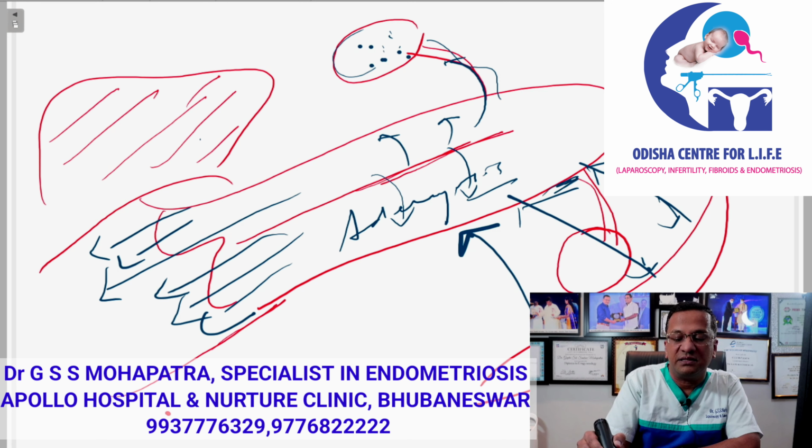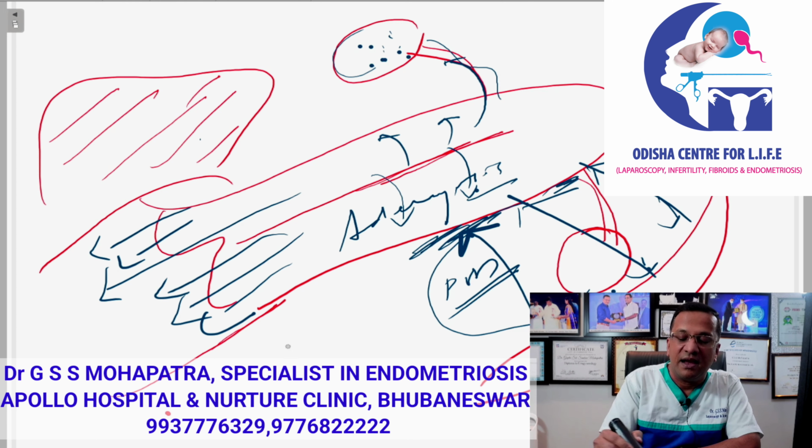This is the posterior surface. Now this part between the uterus and this intestine is called the pouch of Douglas. This is one of the most common sites where endometriosis gets deposited, and we call it deep infiltrating endometriosis, whenever the endometriosis enters the deeper layers of the female pelvis.